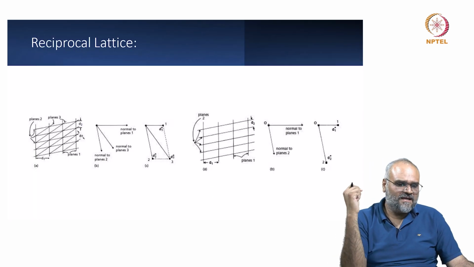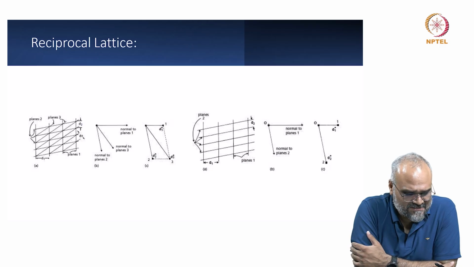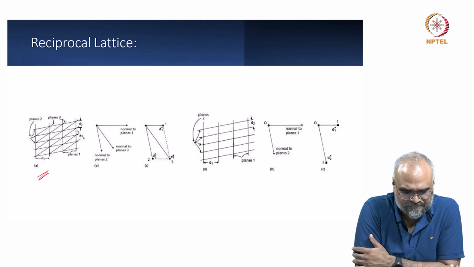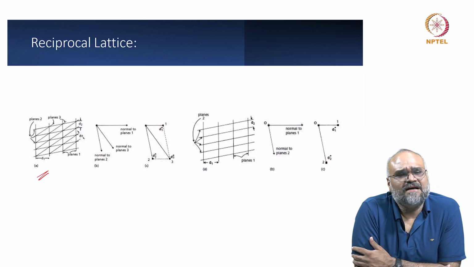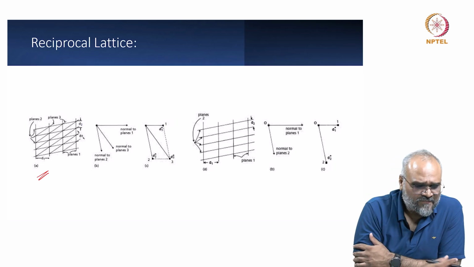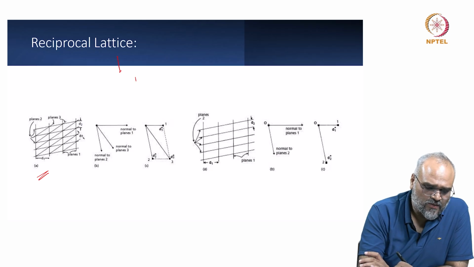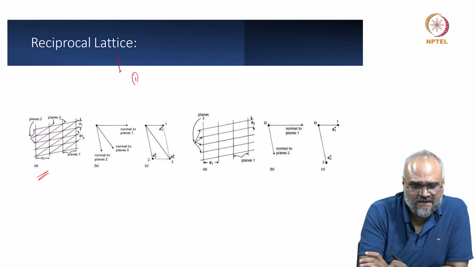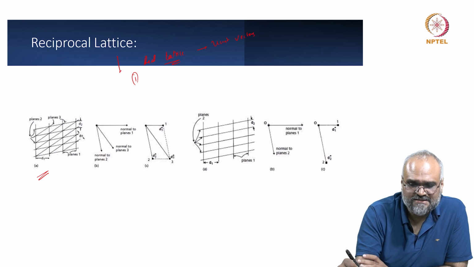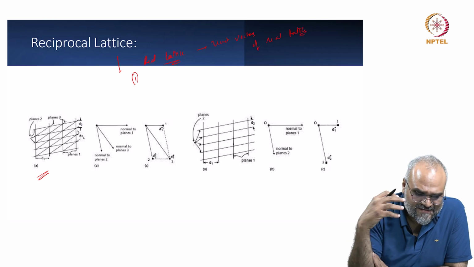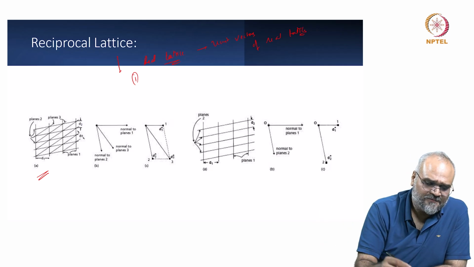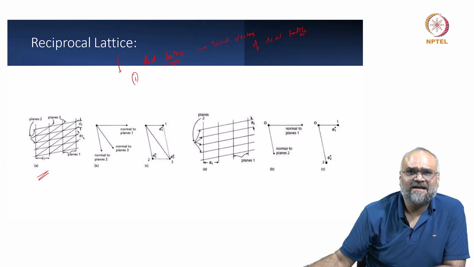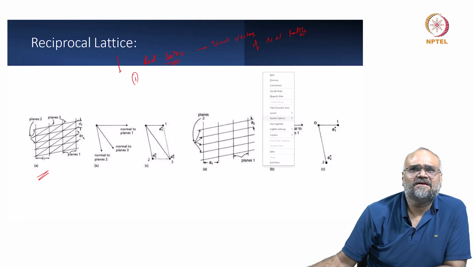So, if I have a simple oblique lattice as I see in this figure A here, by definition a reciprocal lattice can be thought of as the lattice which is constructed by, if I have a real lattice and I have the unit vectors of a real lattice, if I can think of an imaginary lattice where, so let me write the reciprocal lattice with another color.